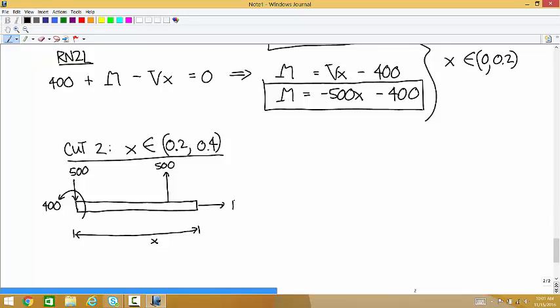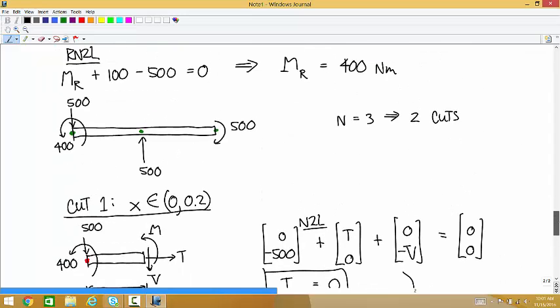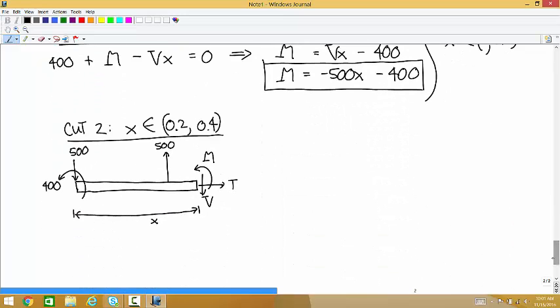And then we have T, V, and M. So Newton's second law says that 500 is in the negative y direction.